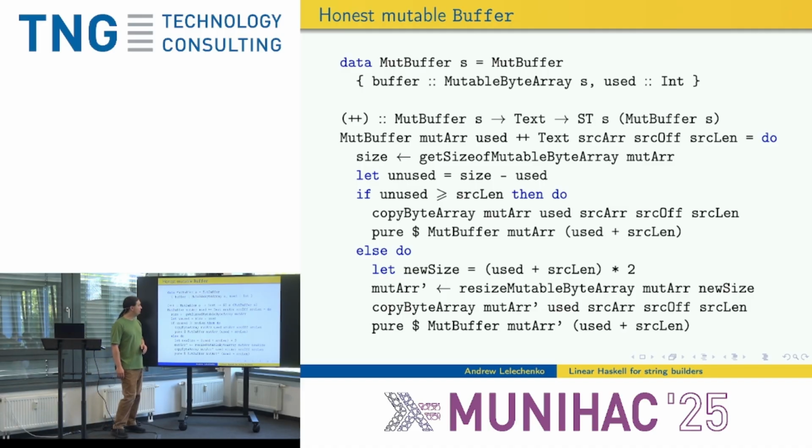And we basically don't have any unsafe operations any longer in this piece of code. We do all the same. We get the size of this mutable byte array. We check if we can just write our text there, or maybe we need to double its size. That's perfectly valid code. So why don't we all just go and use it? What makes it inconvenient?